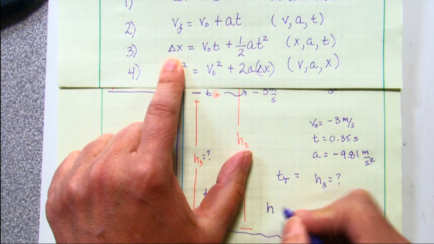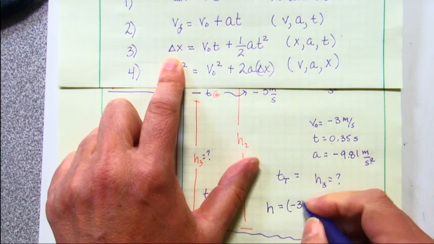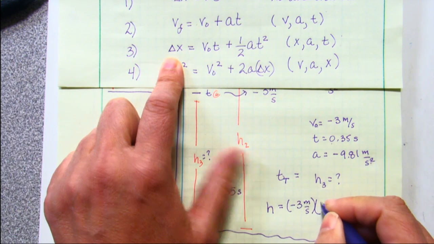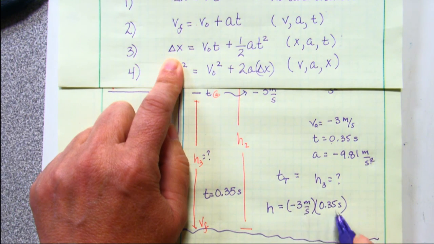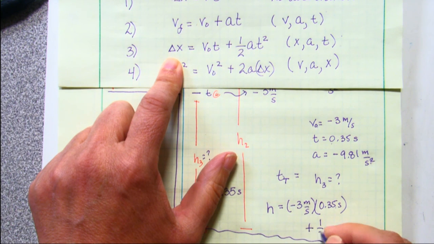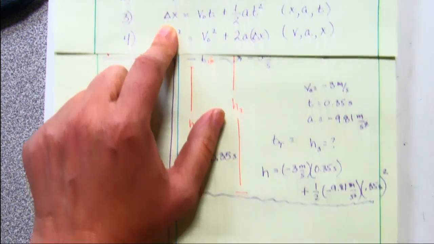We're going to do h is equal to my initial velocity, which is 3 meters per second, times my time, which was 0.35 seconds. Cancel those out. That means I'm in meters. Life is really good. Plus 1/2 a negative 9.81 meters per second squared times my 0.35 seconds squared.